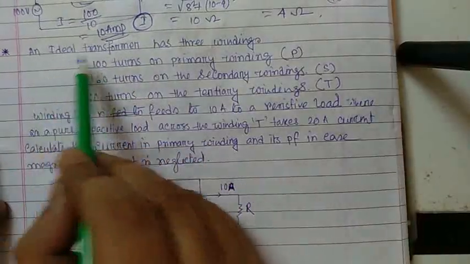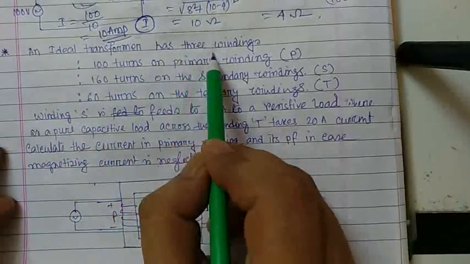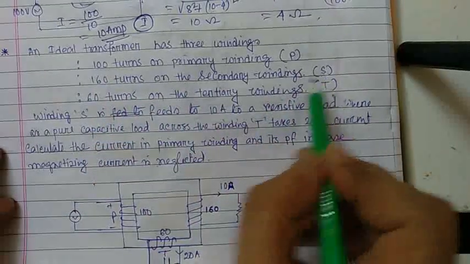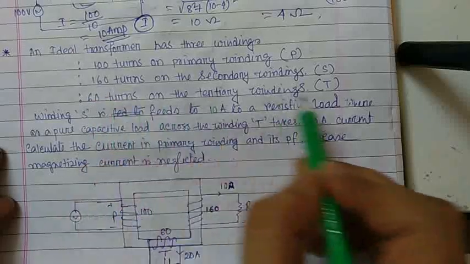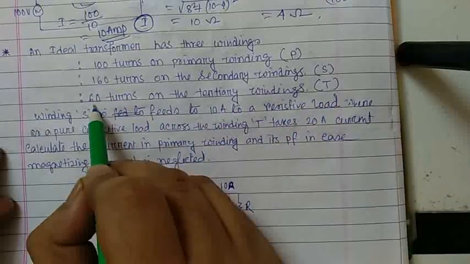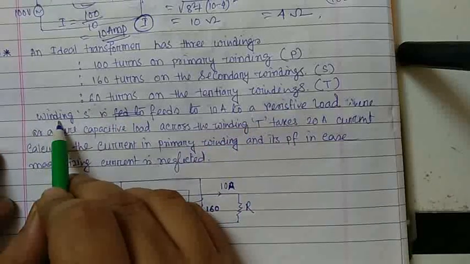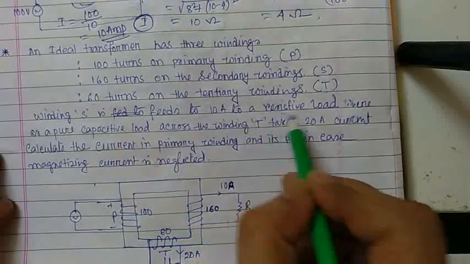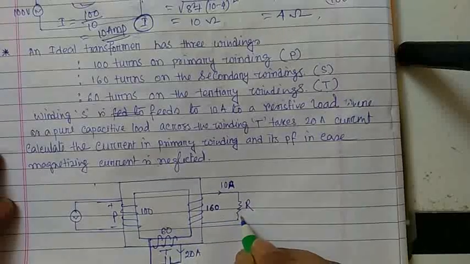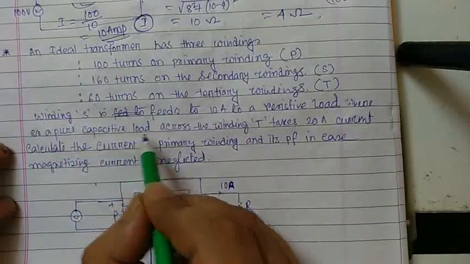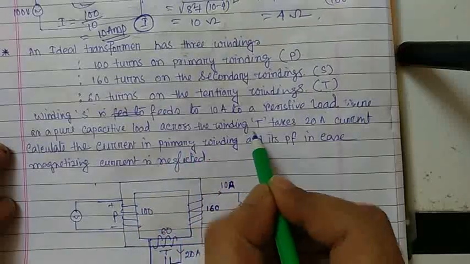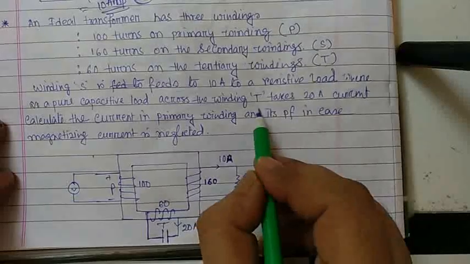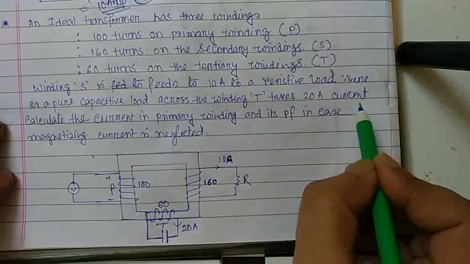Next question. An ideal transformer has 3 windings. The primary winding has 100 turns, the secondary winding has 160 turns, and the tertiary winding has 60 turns. The secondary winding feeds 10 ampere to a resistive load, whereas a pure capacitive load across the tertiary winding takes 20 ampere current.